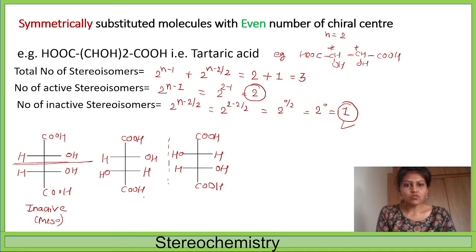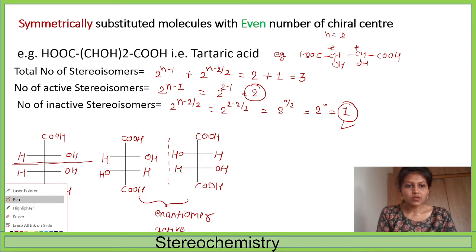So these both are enantiomers, and we can say that it is a racemic mixture, or they are optically active. So there will be 2 optically active stereoisomers present over here.